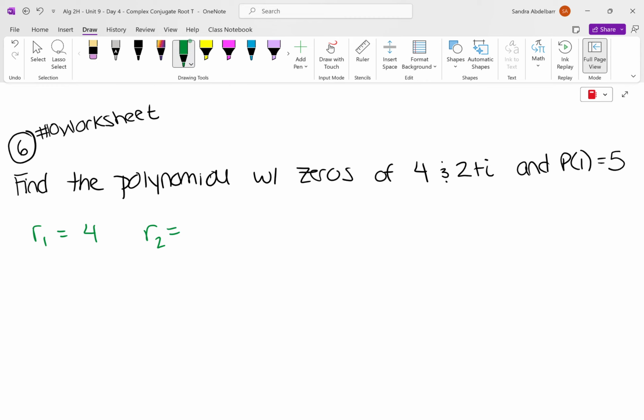Find the polynomial. So I know root 1 is 4, root 2 is equal to 2 plus i, which means root 3 is 2 minus i. So I'm going to change this back into a factor, x equals 4, so this is x minus 4.